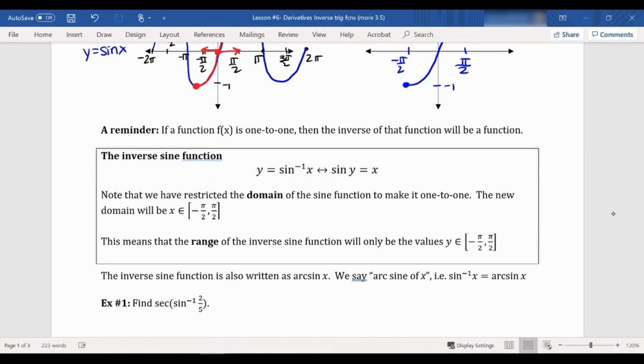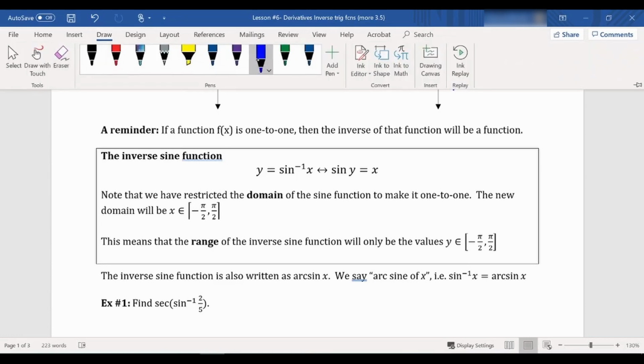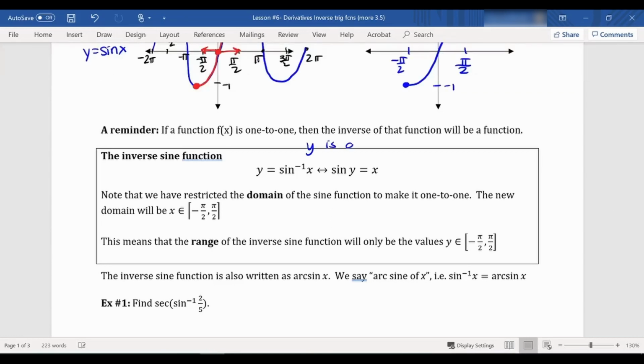Really here, remember that this y is an angle, and x is a ratio of triangle sides.